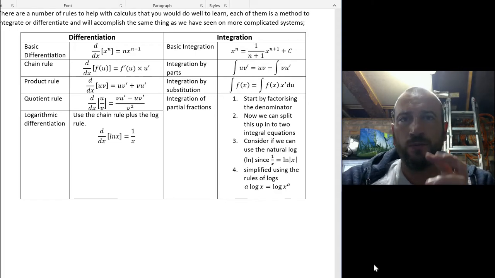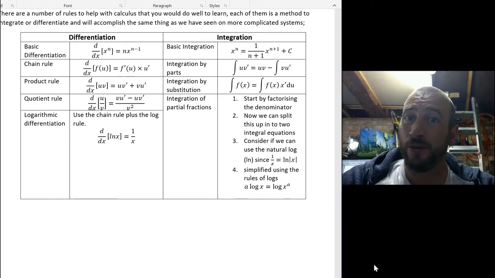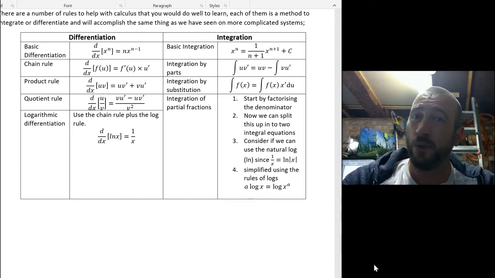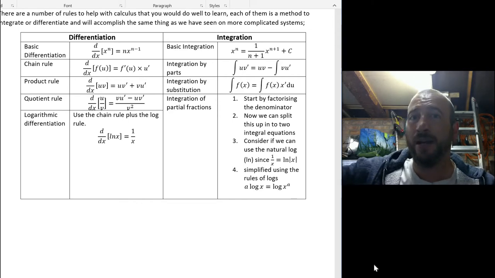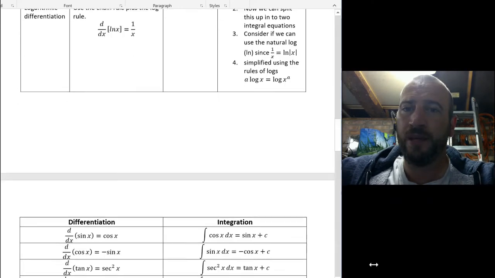Now these rules, as an engineer, are something that you don't really need to know that well, because most of the time we can use a program to do these things for us. But it's worth knowing that they exist, and it's worthwhile going online and having a look at some examples of how to do each one of them, so that you won't be caught out when you are stuck without a calculator or a computer program.